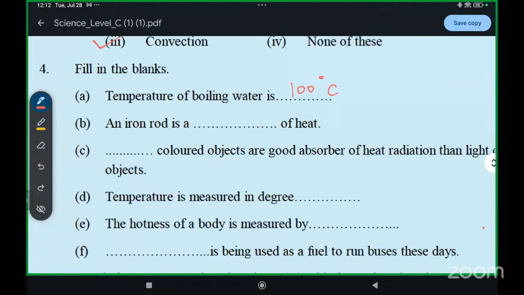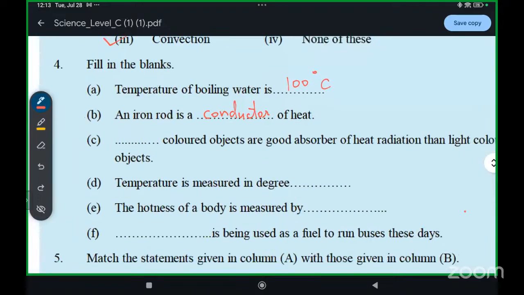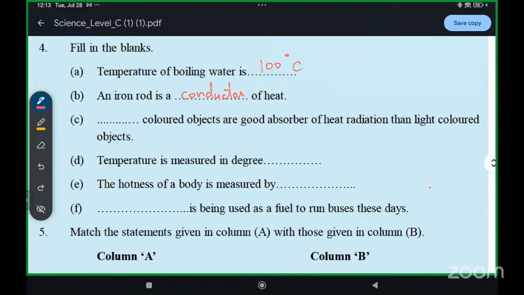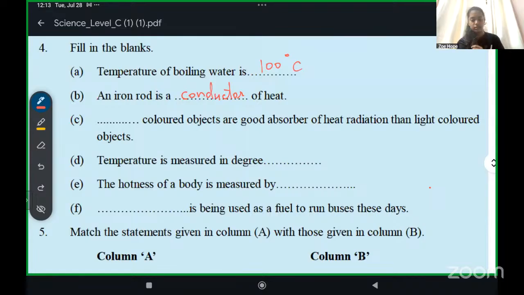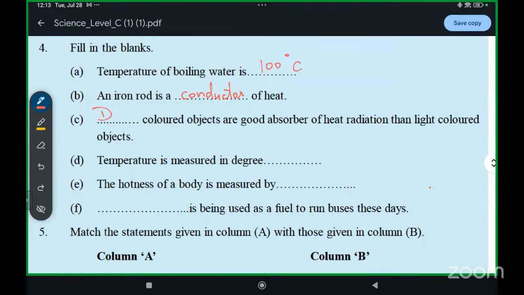An iron rod is a dash of heat. Conductor. Dash colored objects are good absorbers of heat radiation than light colored objects. Zoe. Dark colored objects. Yes, Zoe.